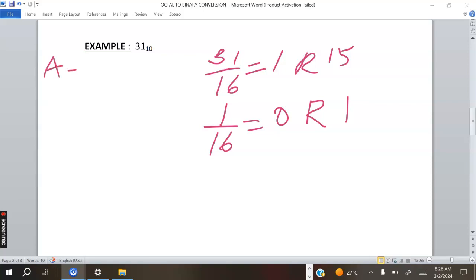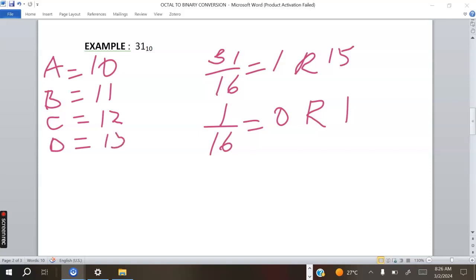A is equal to 10, B is 11, C is 12, D is 13, E is 14, F is 15.